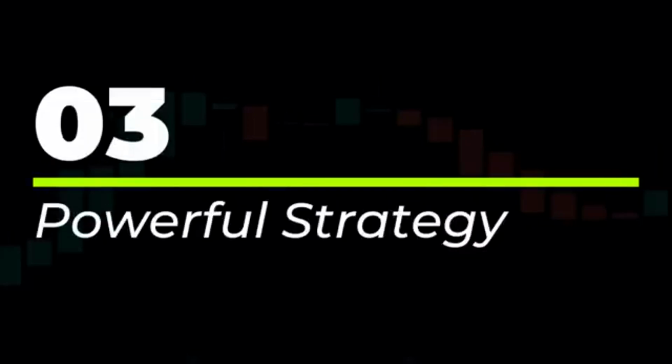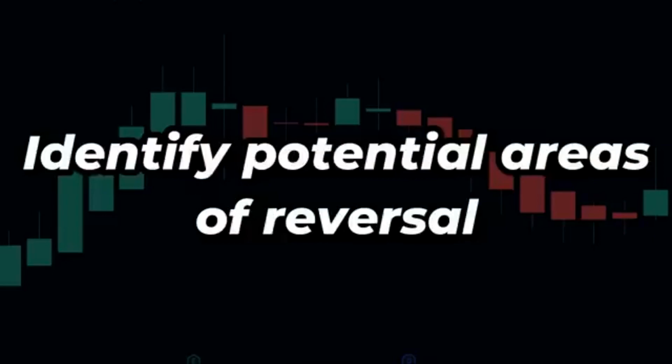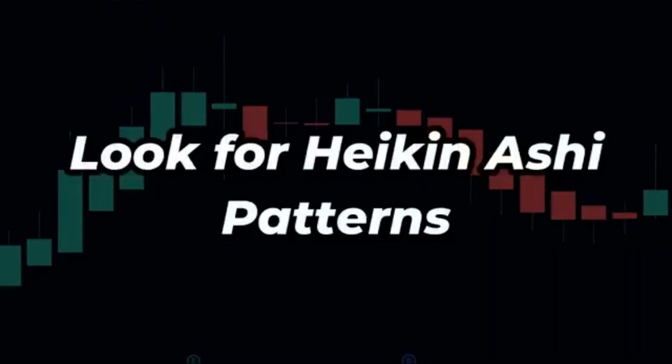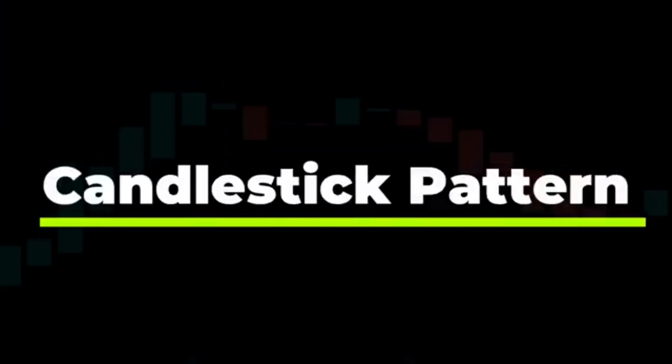So now, let us discuss a very powerful trading strategy that will help you predict price moves with high probability. In this strategy, we will identify potential areas of reversal and look for a certain Heiken Ashi candlestick pattern at these areas. First, let's talk about the candlestick pattern.